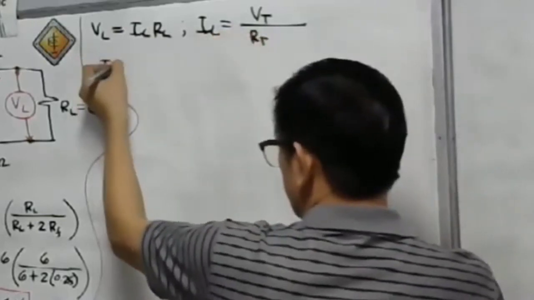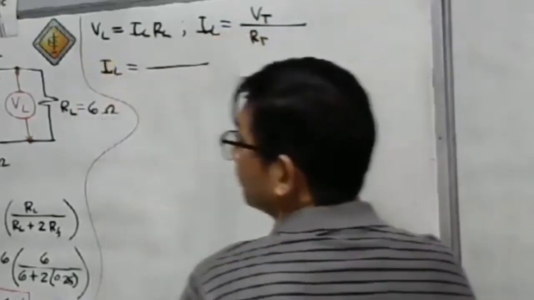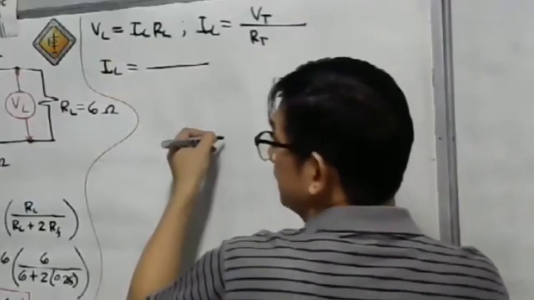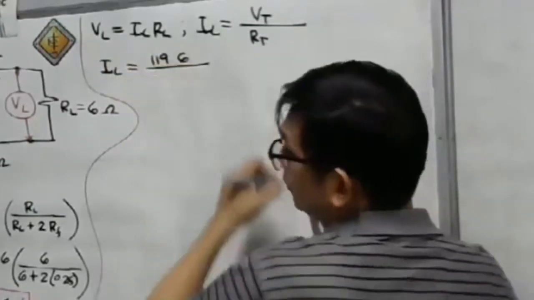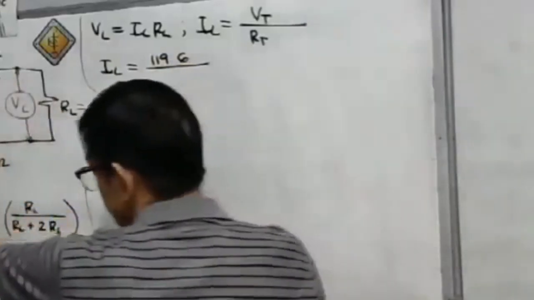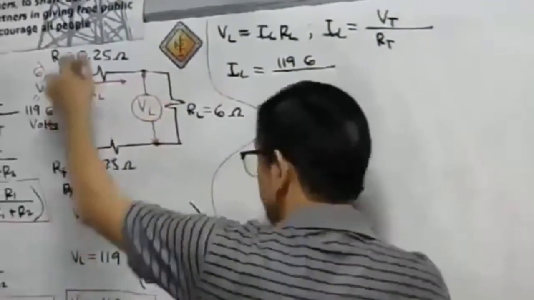So our IL is simply equal to the total voltage, 119.6, over the total resistance. What is the total resistance? Simply the combination of these three resistors.